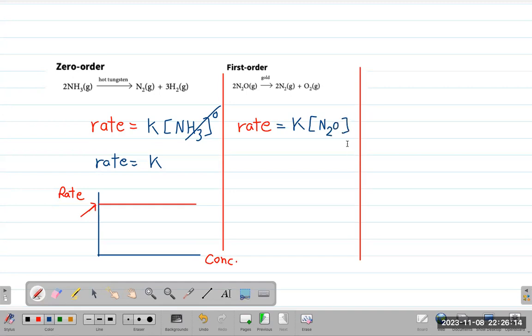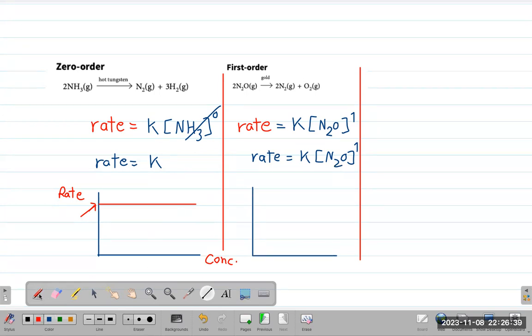So it depends on the concentration of this reactant to the power of 1. This means that rate is equal to K[N2O]. In this reaction there is only one reactant, but if there are two reactants, it will be dependent on only one of them.